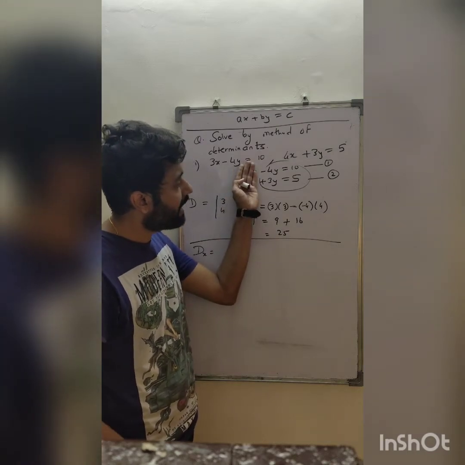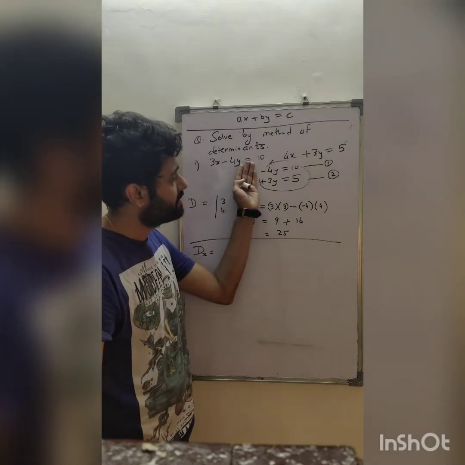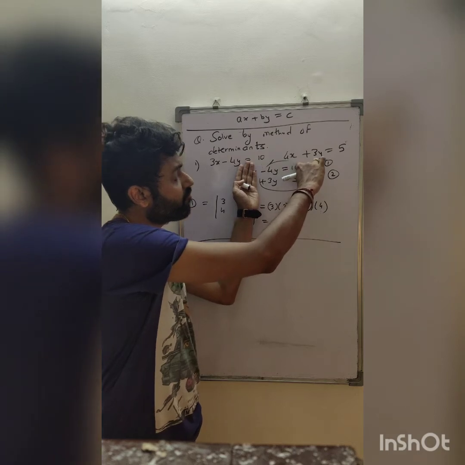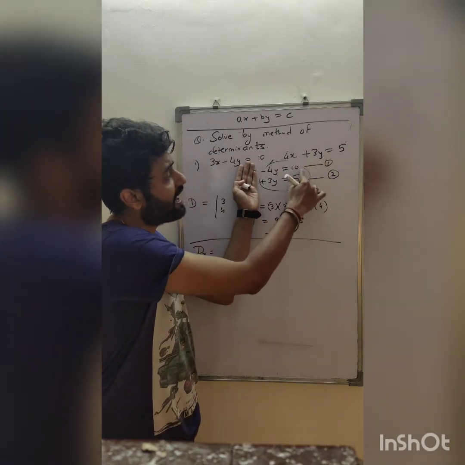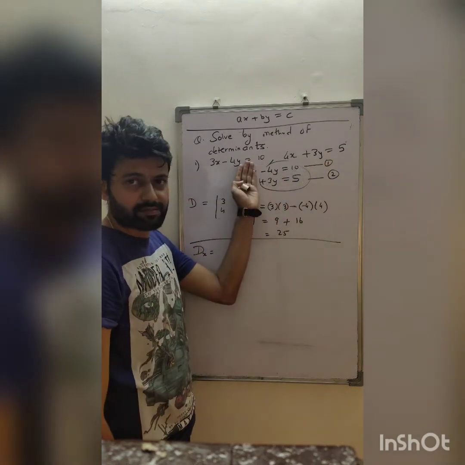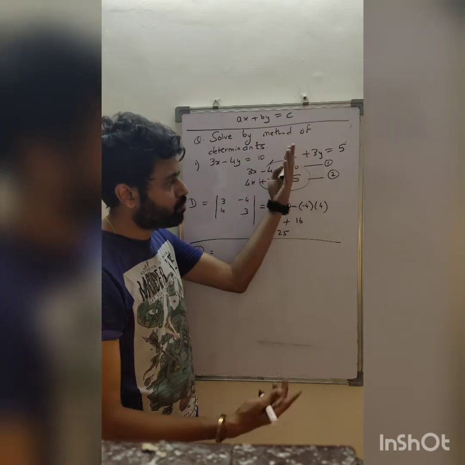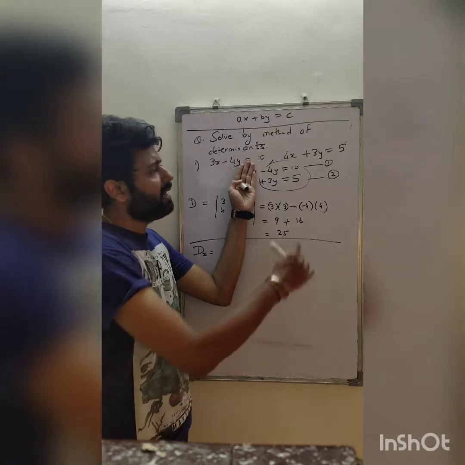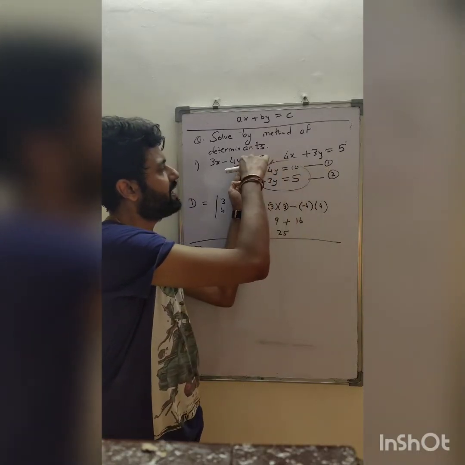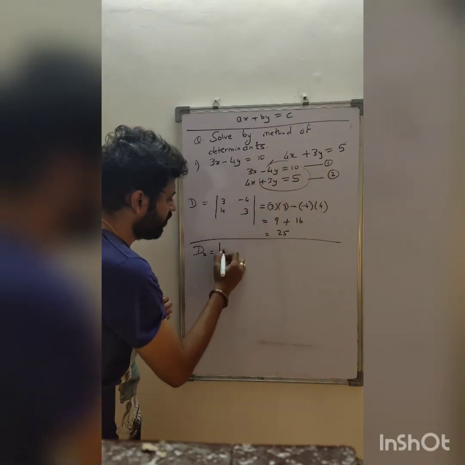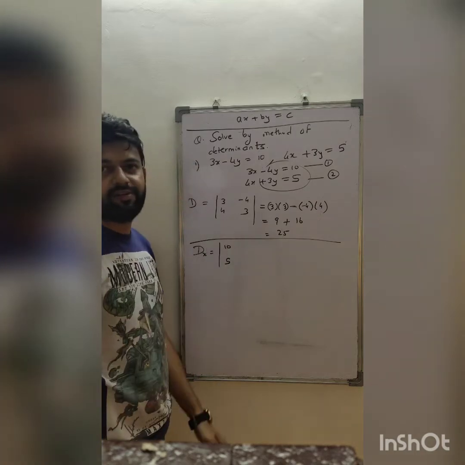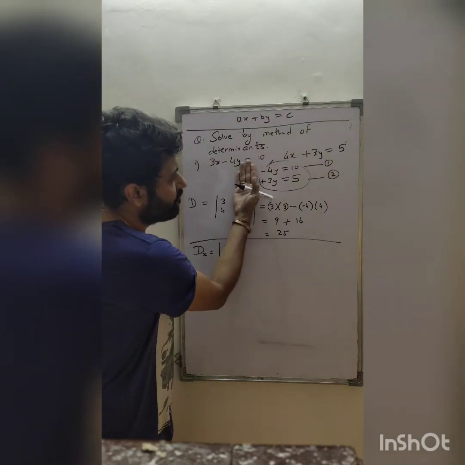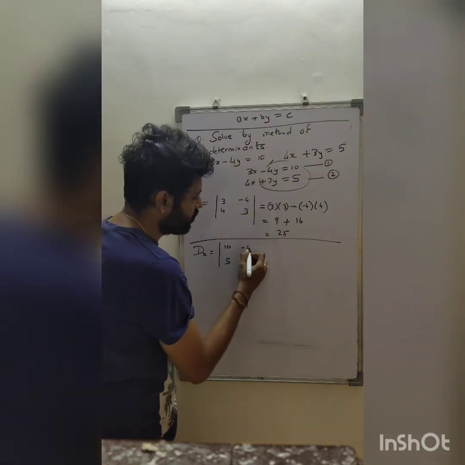When I hide it, I have to keep one thing in mind: in place of whatever you hide, the constants have to take its place. Constants should be no problem, but whenever you hide any variable, immediately the constants come and take its place. 10 and 5 will take the first place in place of that variable. 10 and 5 will come first and then minus 4 and 3.